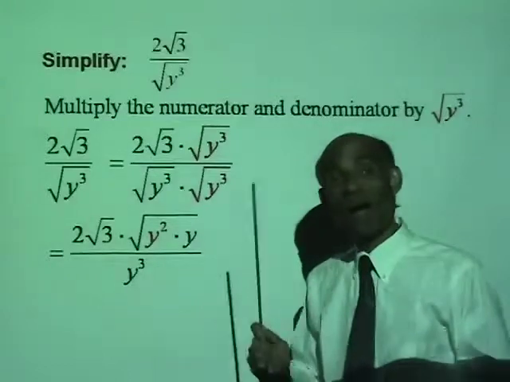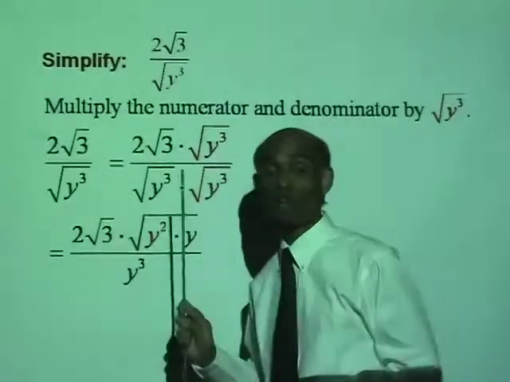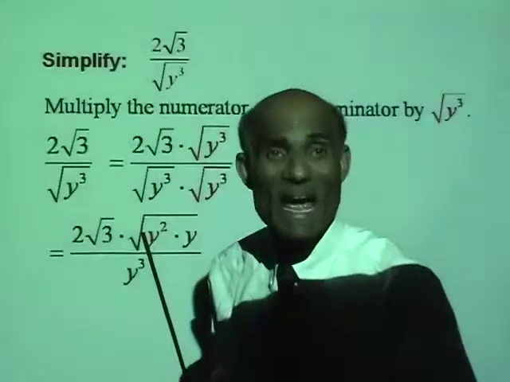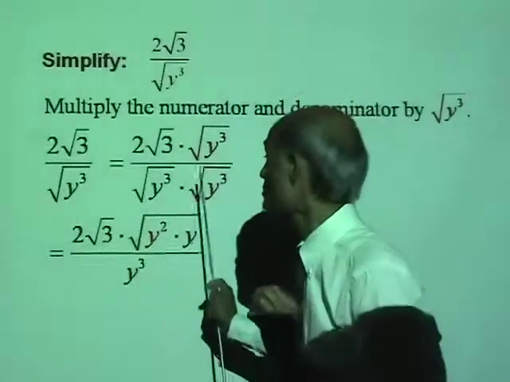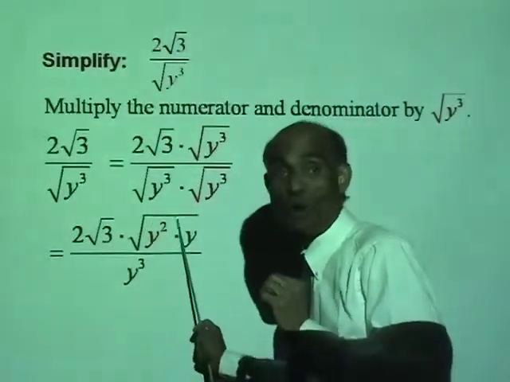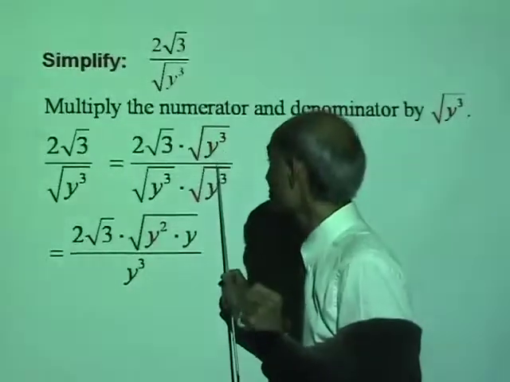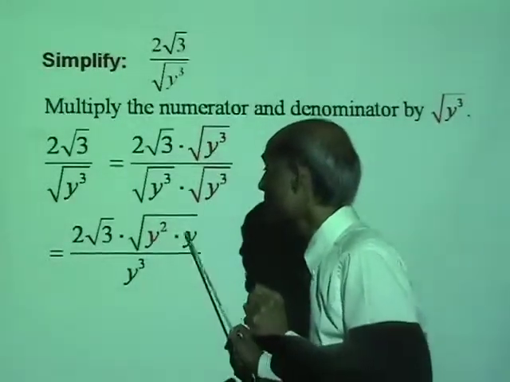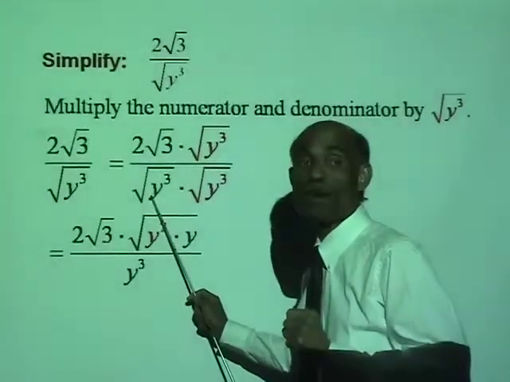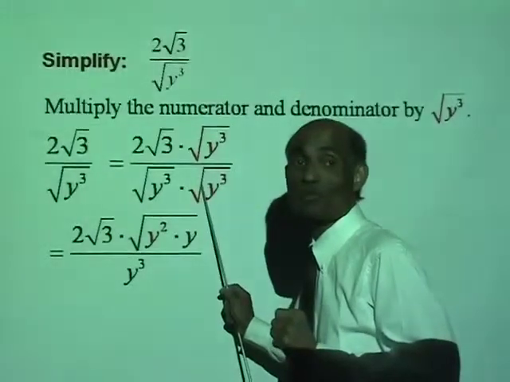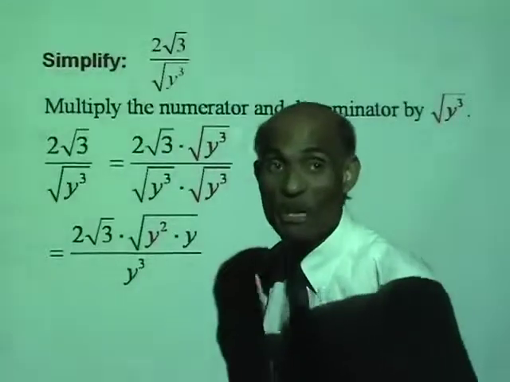Can you tell me why I wrote it that way? Because square root y cube can be simplified. Y cube can be written as the product of a perfect square. Y squared is a perfect square. So y cube is written as y squared times y. And the denominator, square root y cube times square root y cube, is y cube.